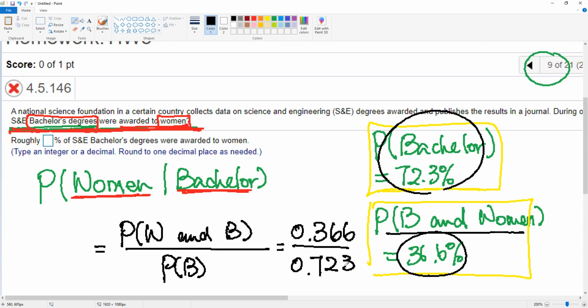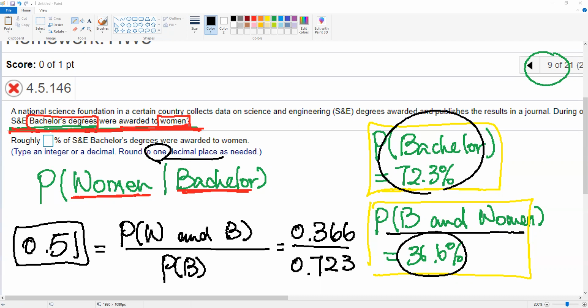So it will be 0.366 over 0.723. It's only one decimal, so I have 0.51. That is the conditional probability.